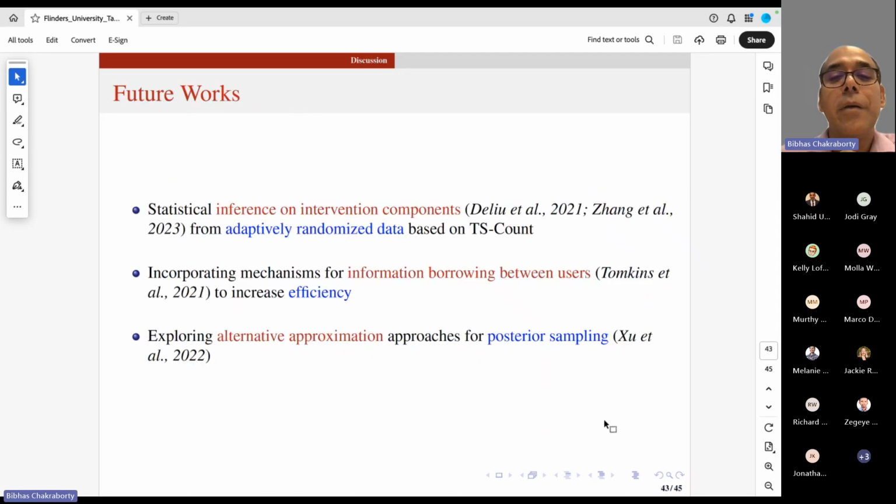But can we learn across people, borrowing information from each other and do better for people? That still needs more work. And then I talked about the posterior sampling in a certain way, the Laplace approximation, normal approximation, but there could be alternatives for posterior sampling.